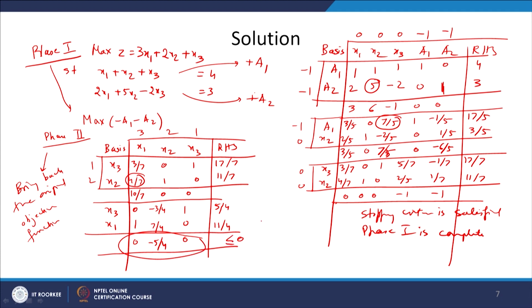So, this means that the stopping criteria has been satisfied and this is the solution. So, what is the solution? Solution is 11 by 4, 0 and 5 by 4. Hence the proof.